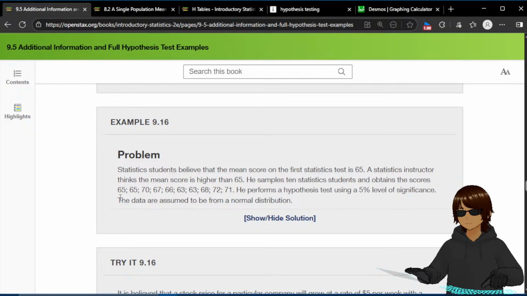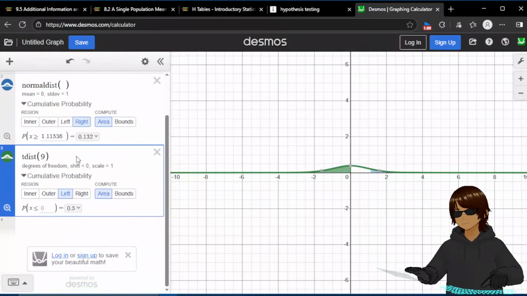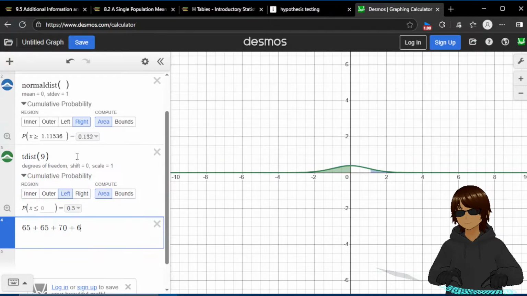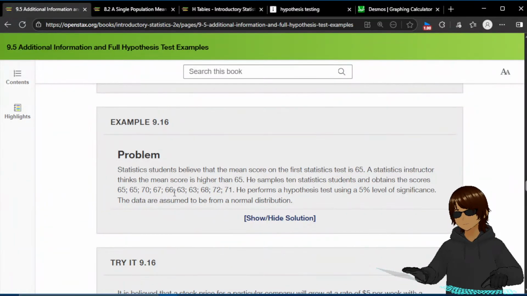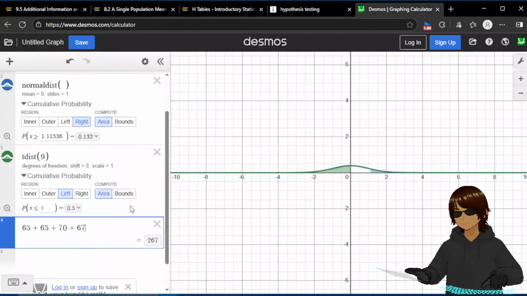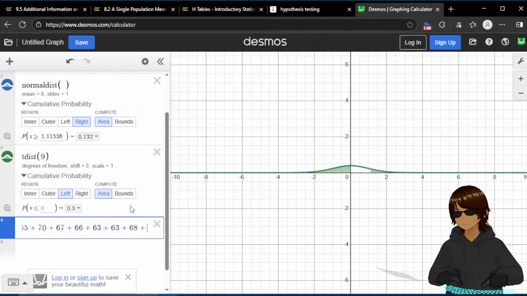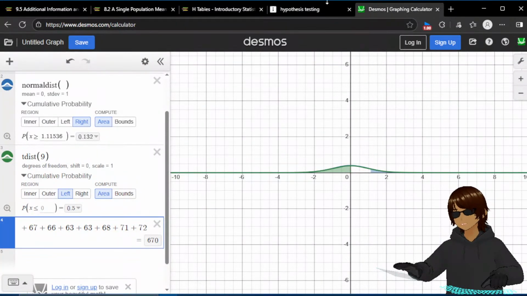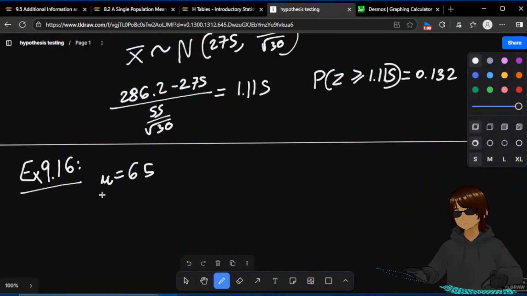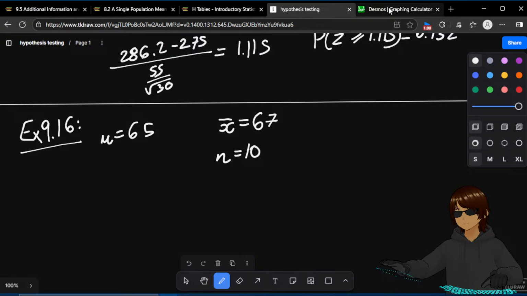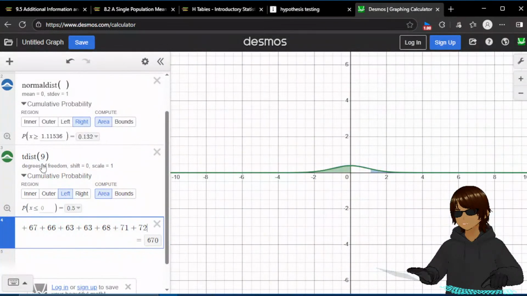The scores are 65, 65, 70, 66, 63, 38, 71, 72, 67. So it's the t distribution, degrees of freedom is 9.